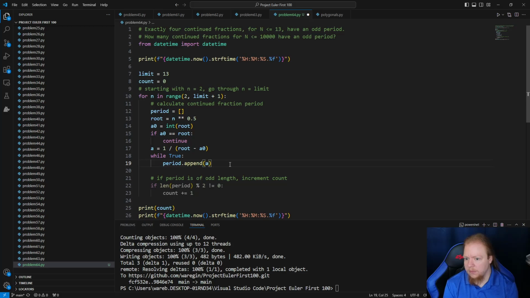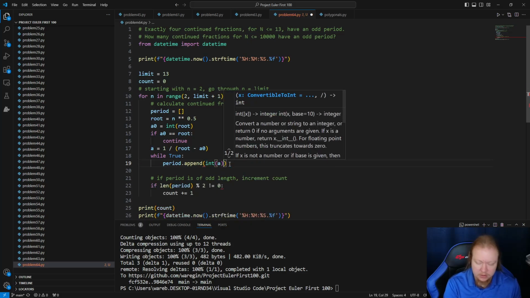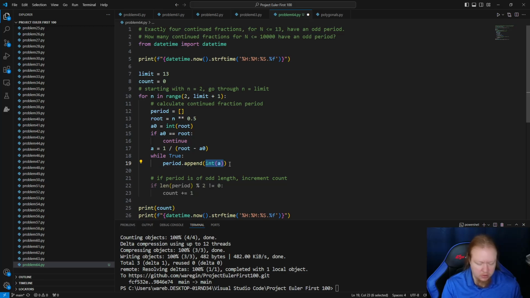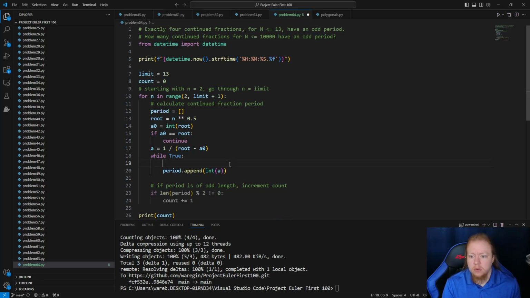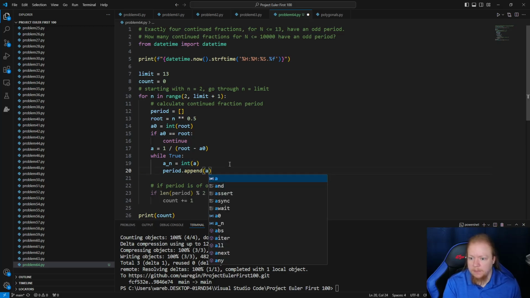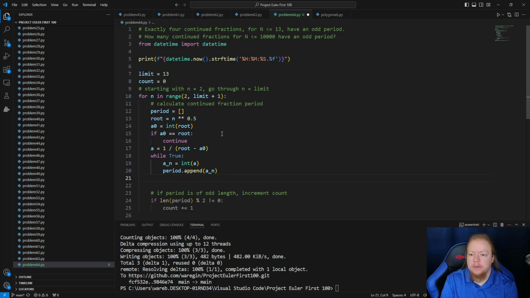Oh, we actually just want to append integer of A, which we probably want to pull out anyway, so an equals int of A, and then we subtract and divide 1.